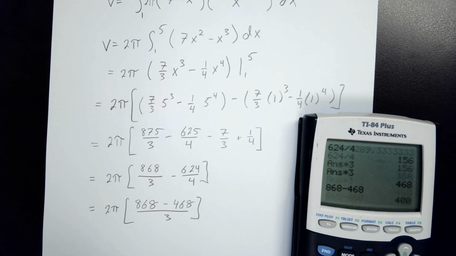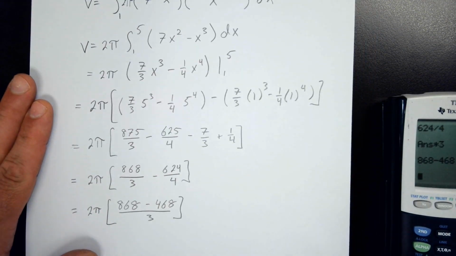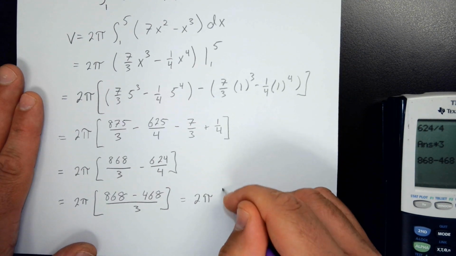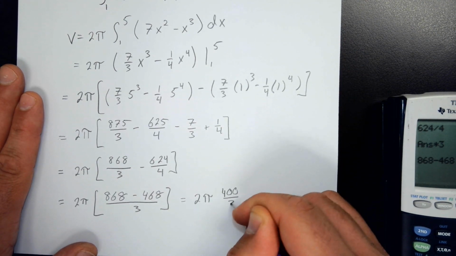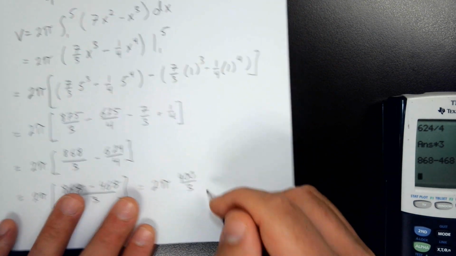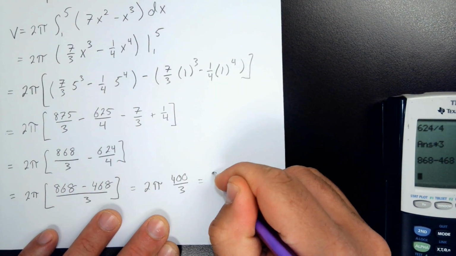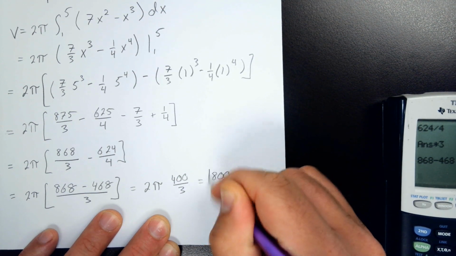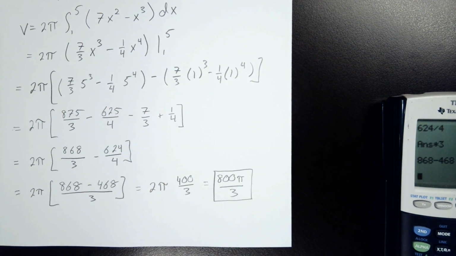Probably could do that in your head. It's 400. So it looks like this is 2 pi times 400 over 3. Or to make it look a little bit nicer, this would be 800 pi over 3. That's a little simplified version to plug into WebWork.